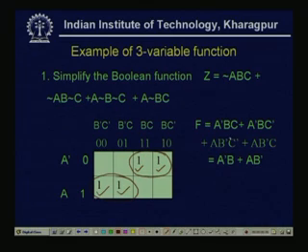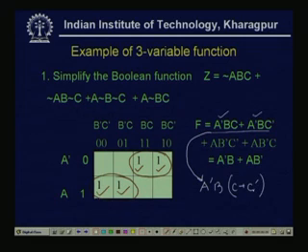In other words, if I write the min terms of the first couple, they are a bar b c and a bar b c bar. If I take a bar b common, then c plus c bar, and c plus c bar is nothing but 1. So, this will be a bar b.